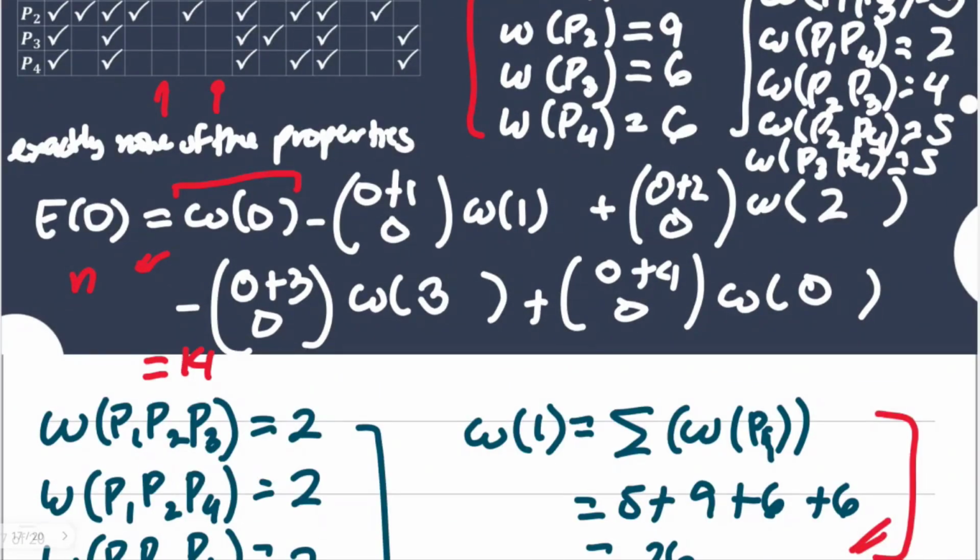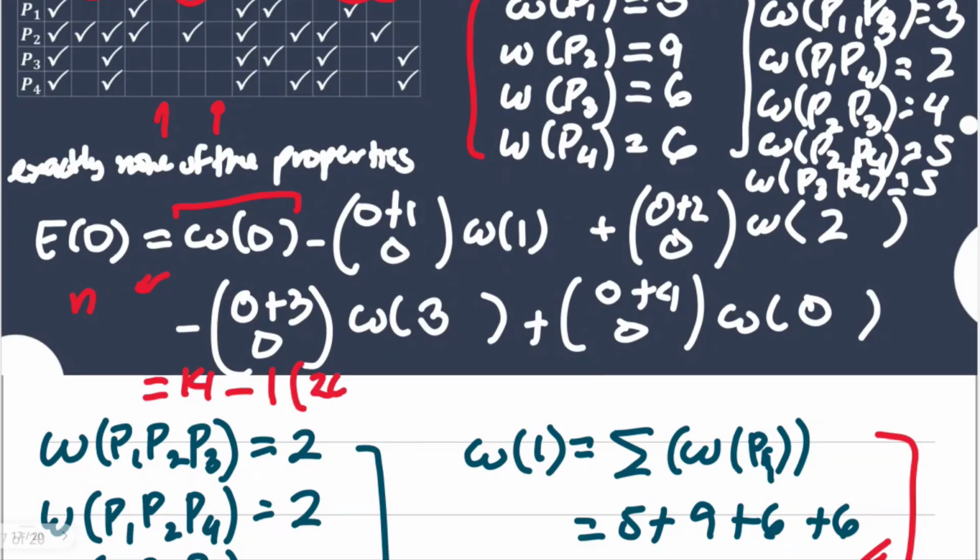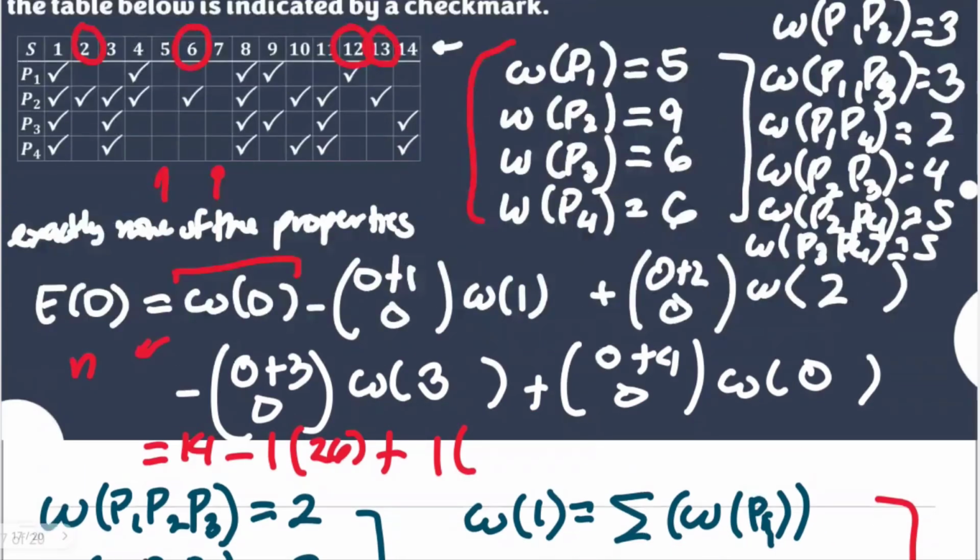Okay, 14 minus 0. 1 taken 0 is actually equal to 1, right? You can try in your calculator. 1 combination 0 is 1 times omega of 1, which is 26. Then plus 2, same thing, 2 combination 0 is equal to 1. And then you will have here omega of 2 is 22.